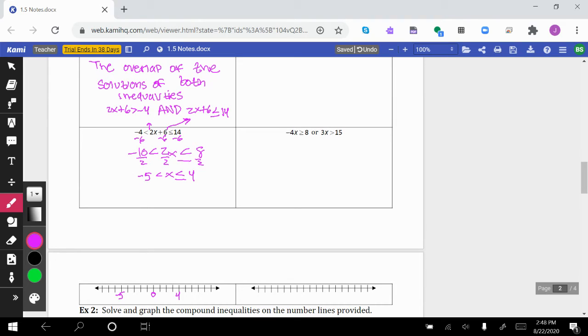Okay, so -5 gets an open circle because that part of the equation is just less than. 4 gets a shaded circle because it reads x is less than or equal to 4. Okay, so for -5, we want values. So I'm going to shade in this whole region because the numbers in there fit both criteria.